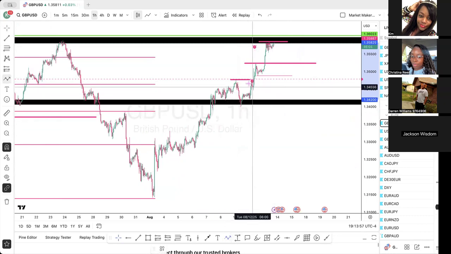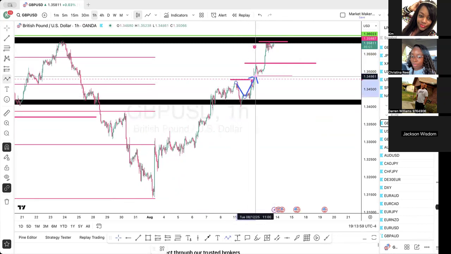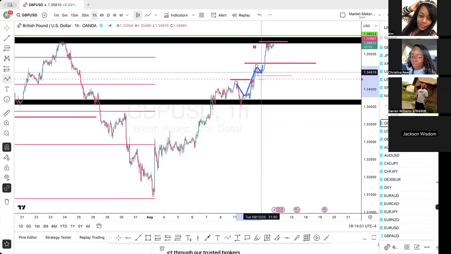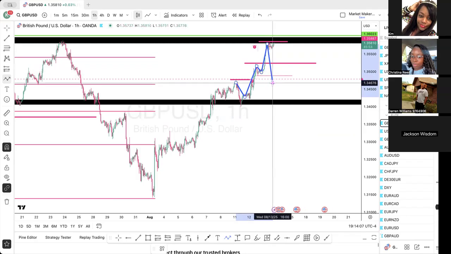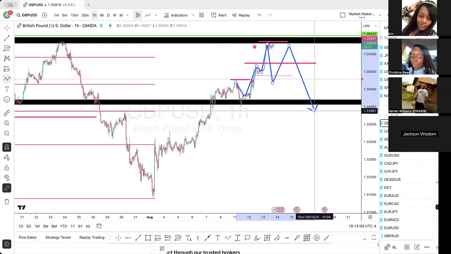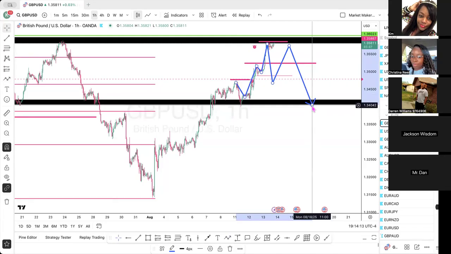You still need to know that this is a push up, this was a little pullback, this is a push up. So price would have to shift structure, pull back, and then sell down, if you're going to trade it. If you're going to trade from one zone to the next, you still have to know market structure. Market structure is everything.